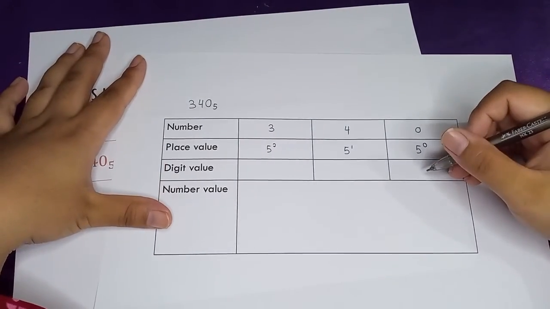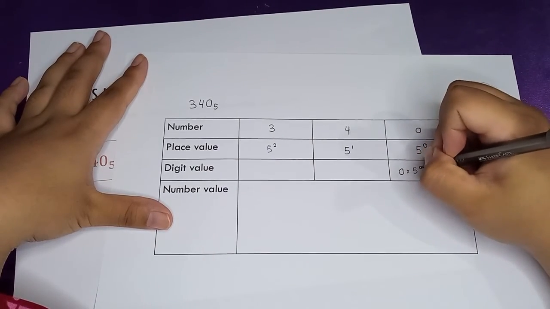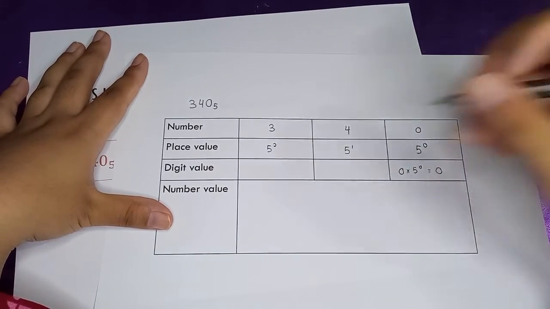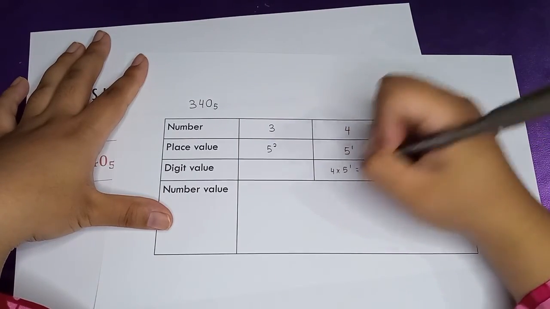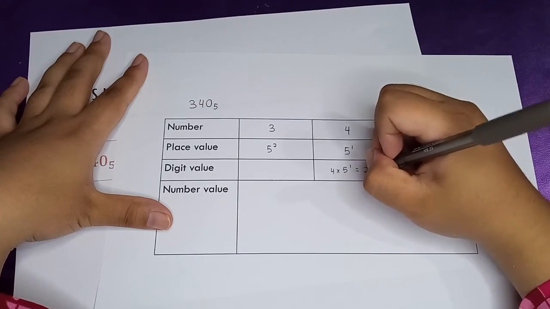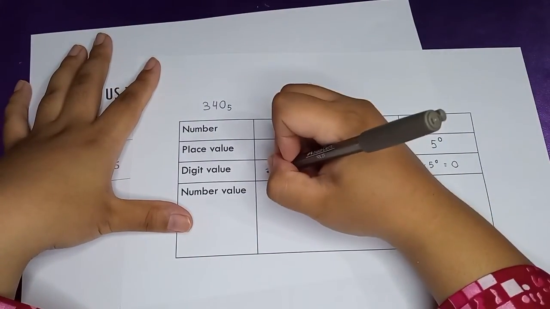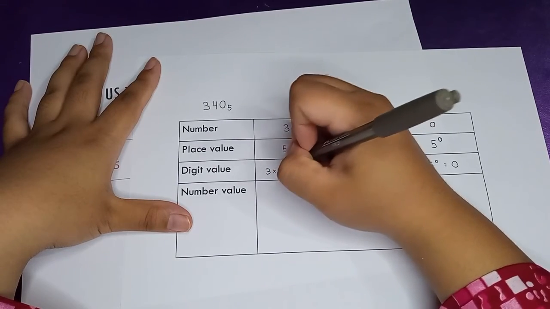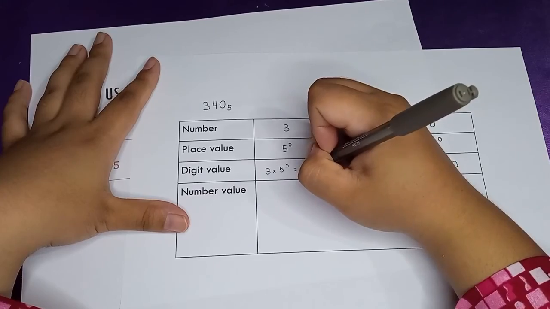Here is 0 times 5 power of 0, which is 0. 4 times 5 power of 1, which is 20. And then 3 times 5 power of 2, which is 75.